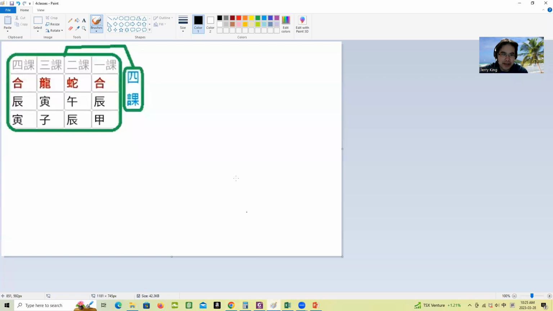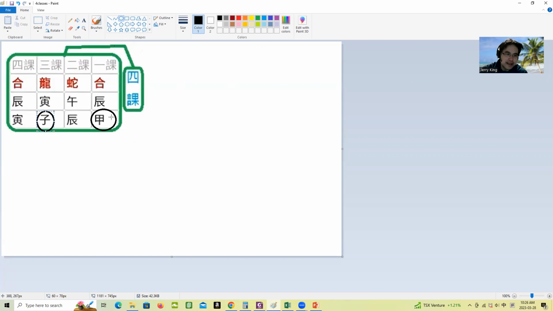So for example, here, I'm just going to expand this and make this a little bit bigger. So the four classes, basically we use the day stem and the day branch. For example, you see the Jia right here, and then this is the day branch here. So it's a Jia Zi day. That's based on the four pillars.